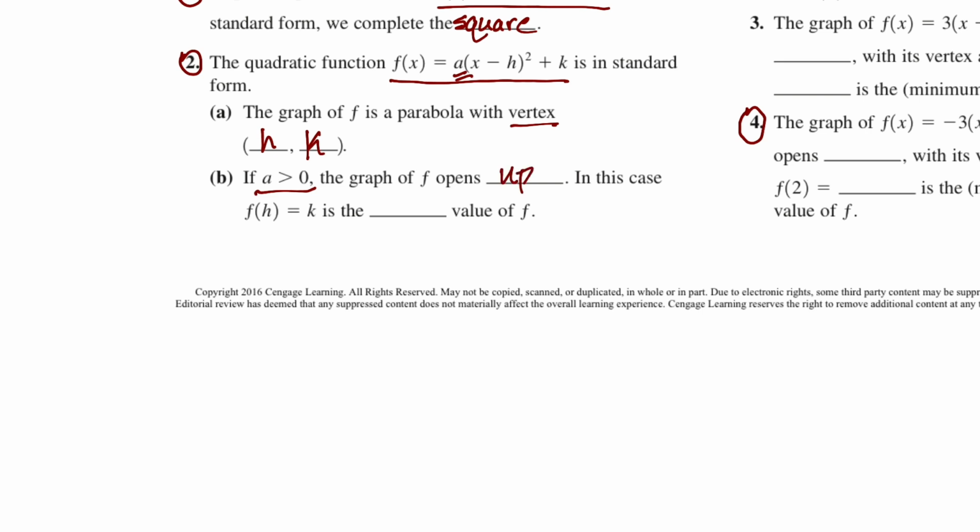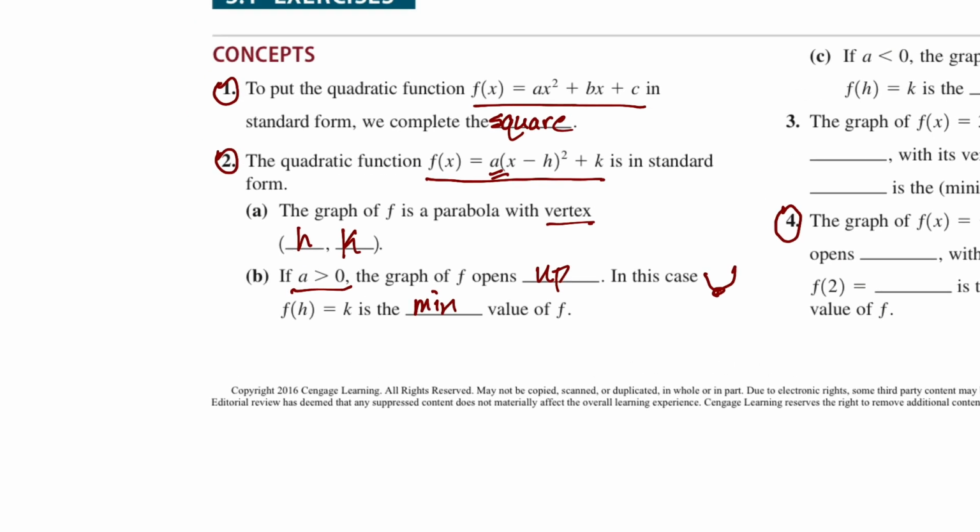And in the case where f of x equals k is the blank value of a function, max or min? Well, if it's positive, it opens up like this. So we're going to have a minimum, right? So minimum value of f.